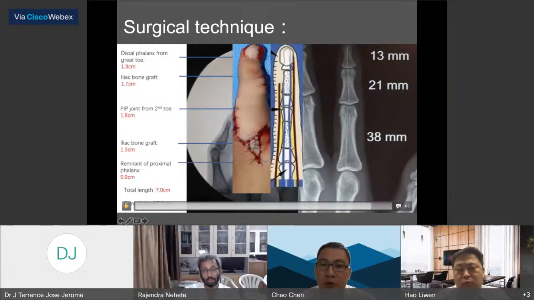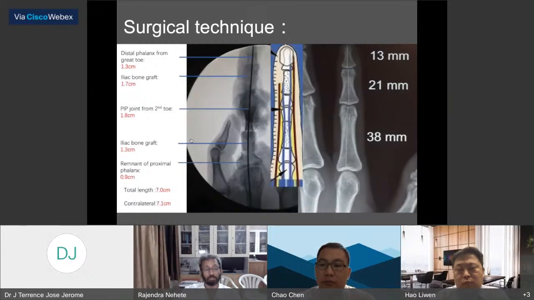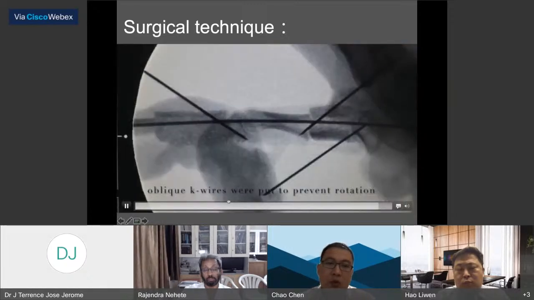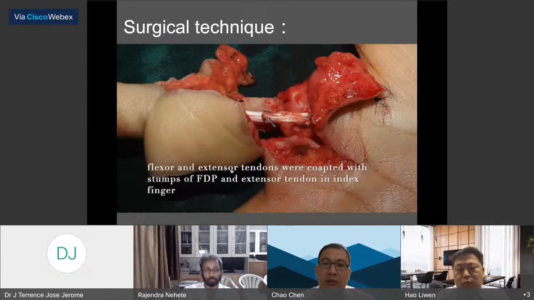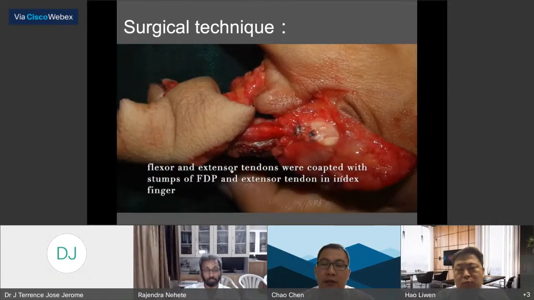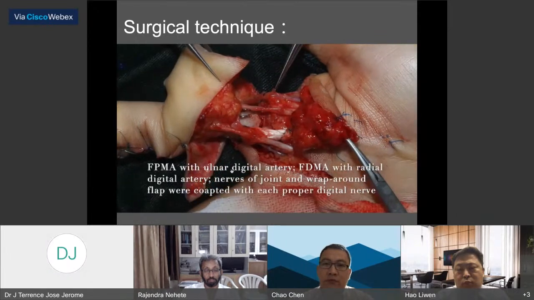These should both be equal to the contralateral index finger. And we use K-wire to fix the bone and suture the flexor and the extensor tendons and arteries and nerves.